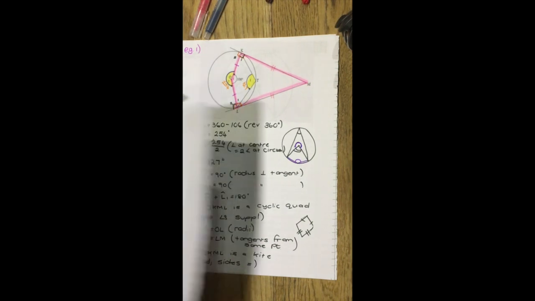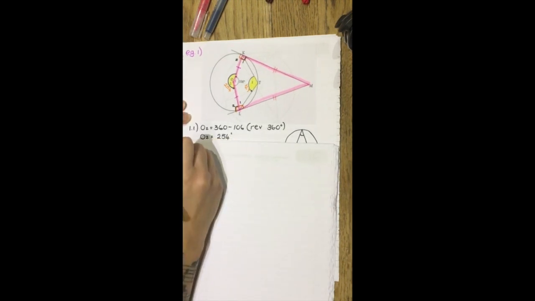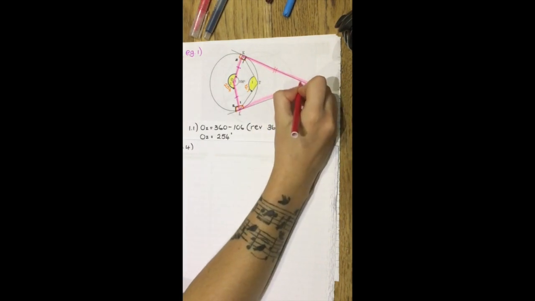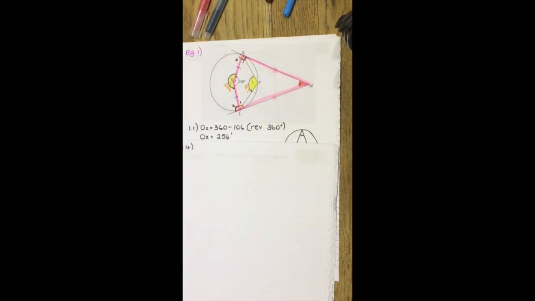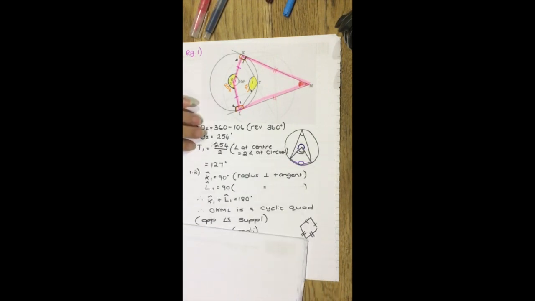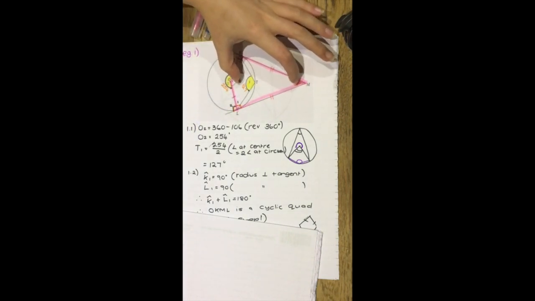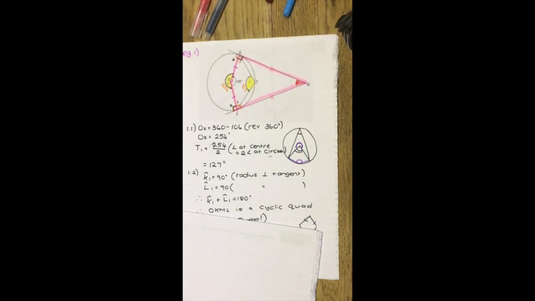Then 1.4. 1.4 says, calculate with reasons the size of angle M. So they are looking for this one over here. Now, don't forget, in 1.2 we've just proven that this is a cyclic quad. If these two angles are opposite and they make 180, then also these two must be opposite and make 180, because it's a cyclic quad and opposite angles are supplementary.